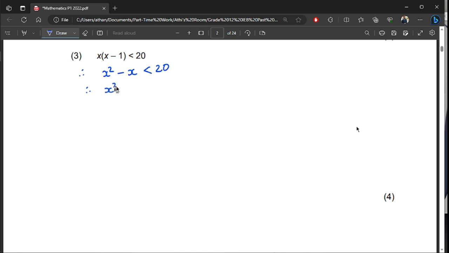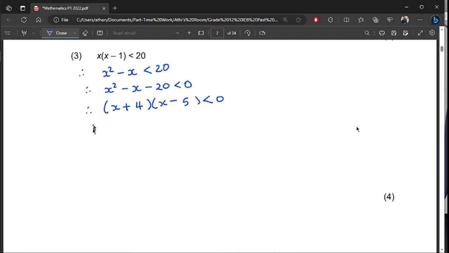As you can see here, we can have a quadratic inequality by moving the 20 to join the other terms. Now we have to factorize this trinomial on the left hand side. Open 2 brackets, less than 0, and then we're going to have x times x. Factors of 20 that can give you the middle term are 5 and 4, and the middle sign goes to the bigger factor. There you go.